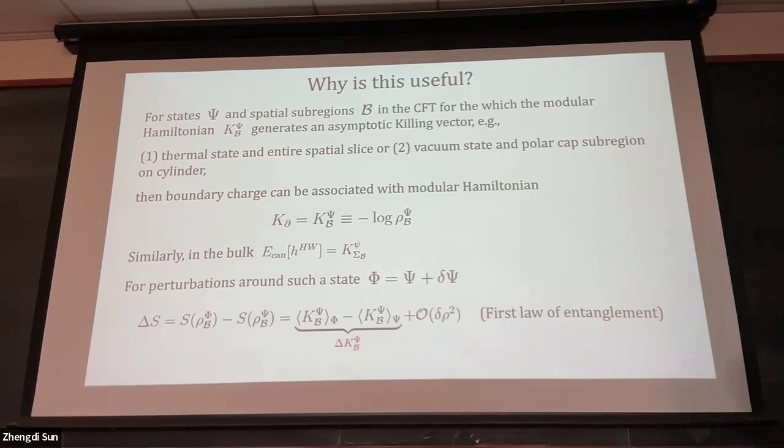Okay, and for perturbations around a state, so I have capital phi as a perturbation around the background state psi. For those, the change in the entanglement entropy, so I take the difference between the entanglement entropy in the state phi and psi, to leading order, that's just the change in this modular Hamiltonian that I wrote here.